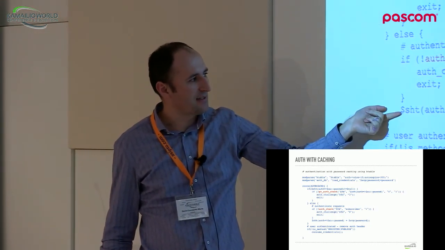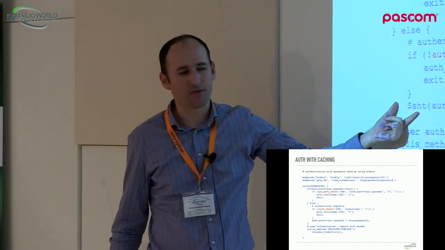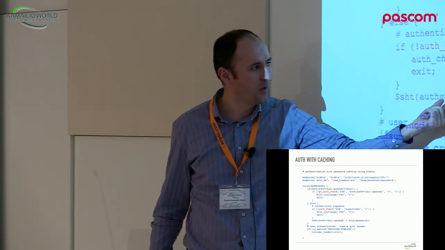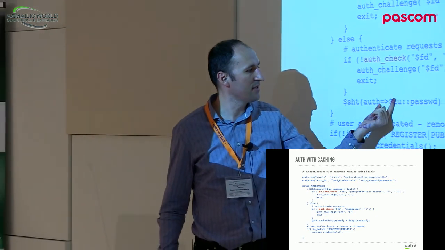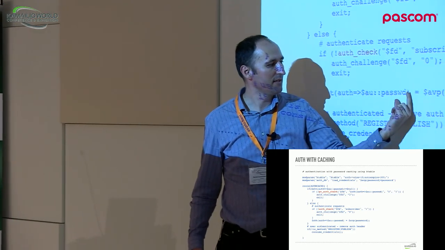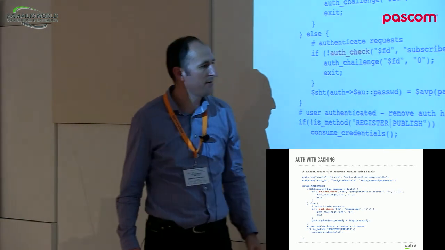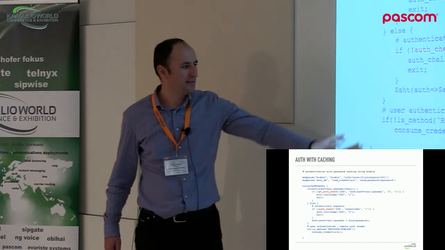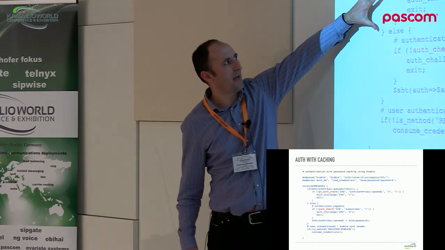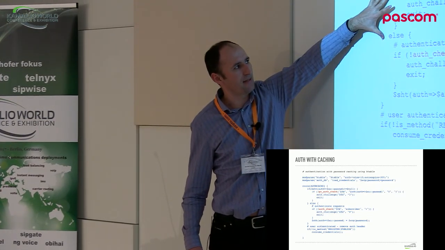But if it succeeded, so authentication was OK, inside the hash table auth, with the same key, the authentication username and password, we set its value to the value of the AVP password. And that's it. This is also in the default config file. So practically, what we added is this if plus this block.